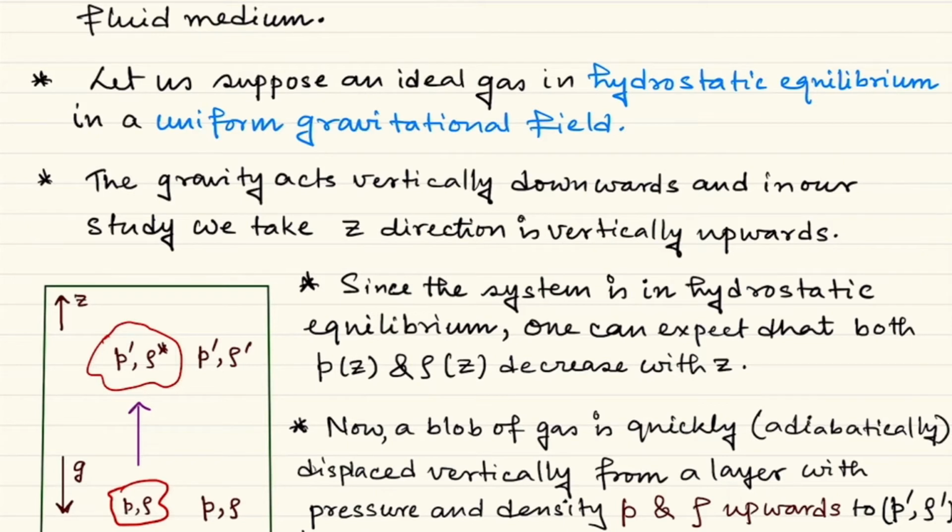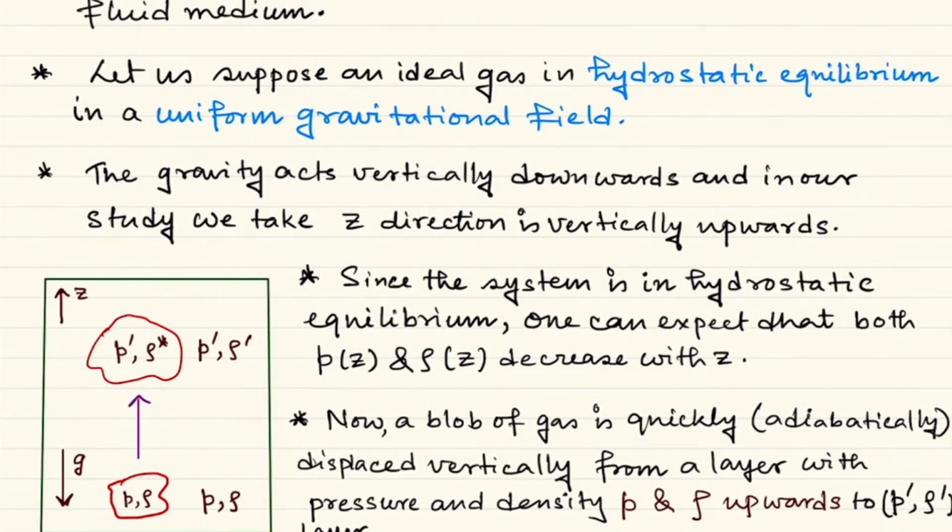So both the blob and the surrounding had pressure and density P and rho. After displacing this vertically upward, the blob has now reached a layer which was not its own, familiar layer.